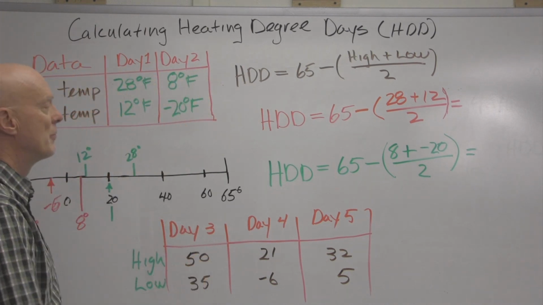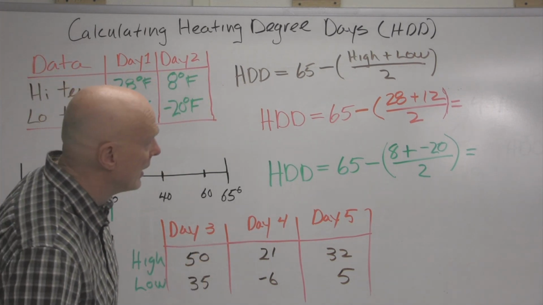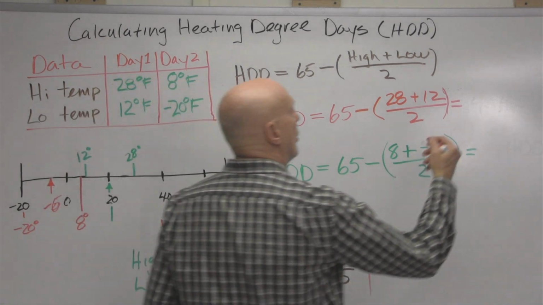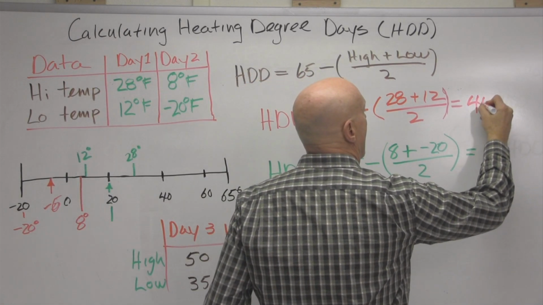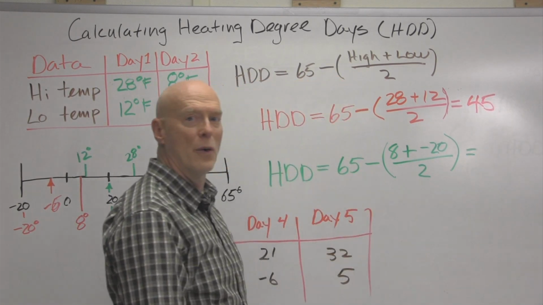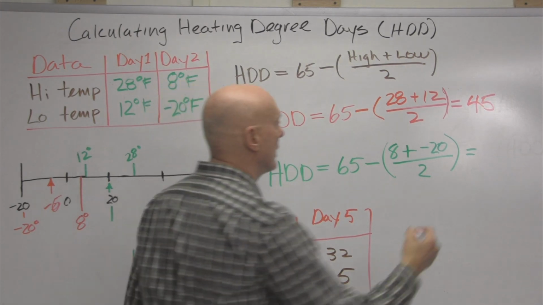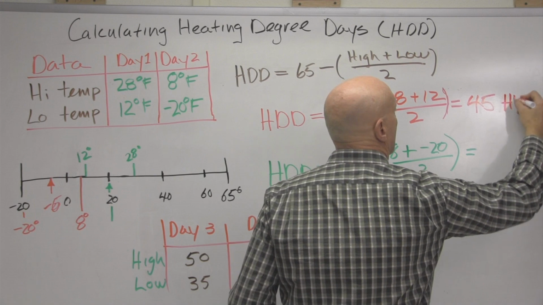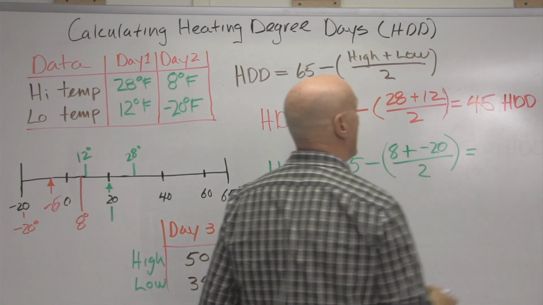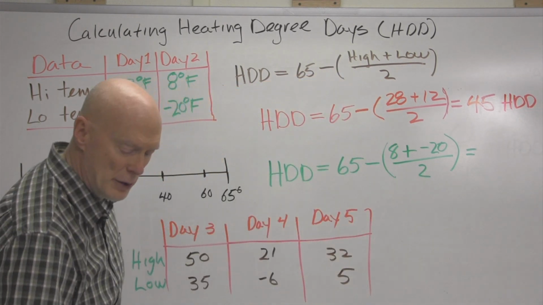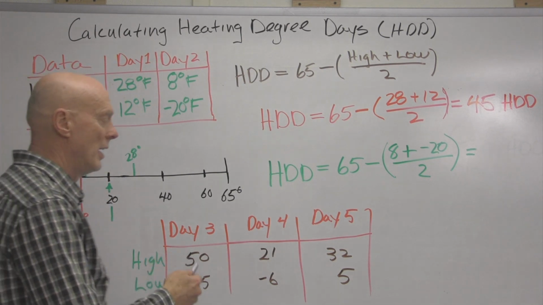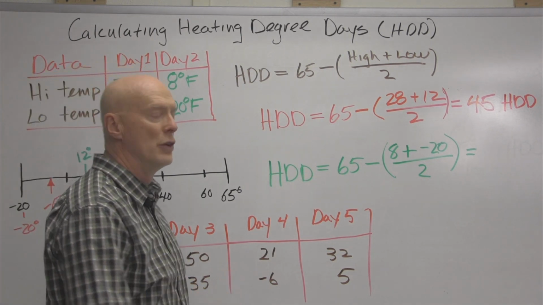And 65 minus 20 is 45. And what have we just calculated? Heating degree days.